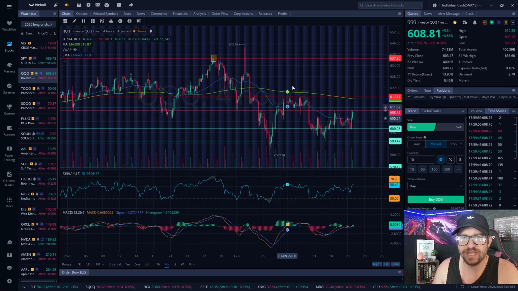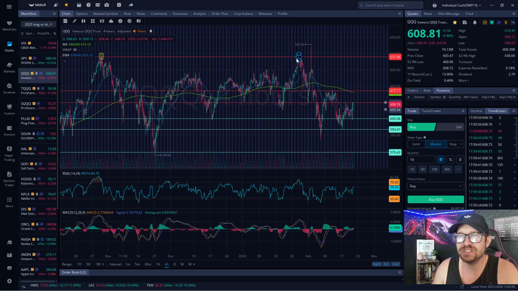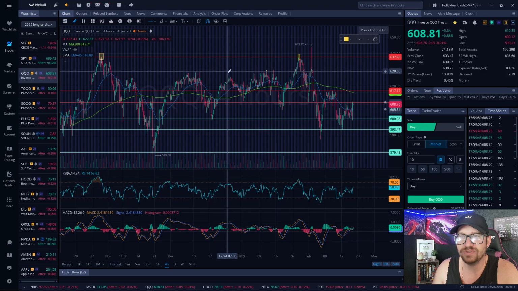And if we go back to say a 4-hour time frame, you can see that 637 was a very key level for resistance. It topped here, it dropped to 579, and then at one point it pushed up to 637 again, and it dropped back down to 580. Now you can also say there's a lot of resistance right around maybe 629, 628-ish, kind of around that level.